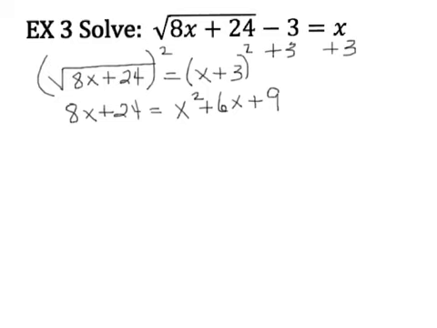Now let's pay attention to what just happened here. We have gotten a square. That square means that we need to set our equation equal to 0 and factor. So we need to subtract 8x and 24 on both sides.